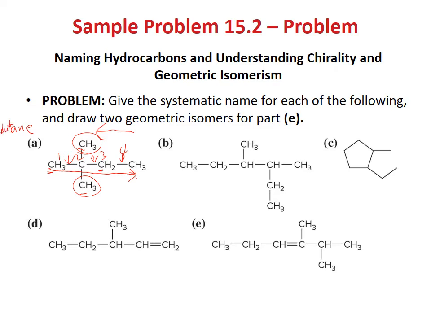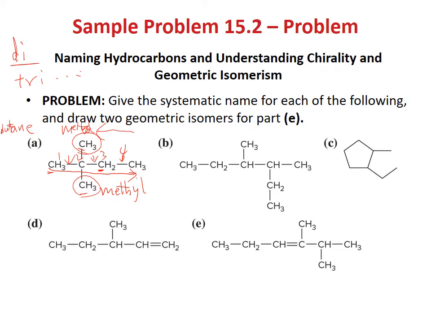Okay, butane, and number 2 has 2 alkyl groups, methyl. So this is a methyl, and this is also methyl. When we have 2 same alkyl groups in the same molecule, we use dimethyl. If we have 3 same groups, we use tri.